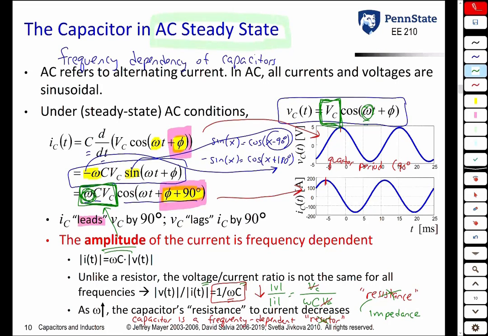Here, however, we see that if you take a capacitor now and apply an AC, a time varying voltage across that, as you increase the frequency of the voltage, the magnitude or the amplitude of the current increases. This is the frequency dependency that is a property, and a very important property, of capacitors.